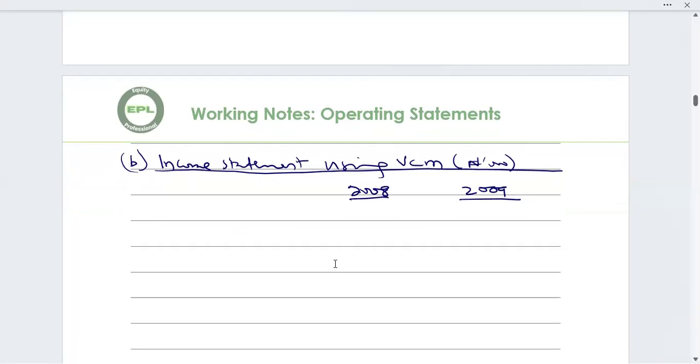The first item here is the sales value. The sales value you have under absorption costing method will be the same thing as variable costing method. So here is 1,680. Then this one is 1,890.